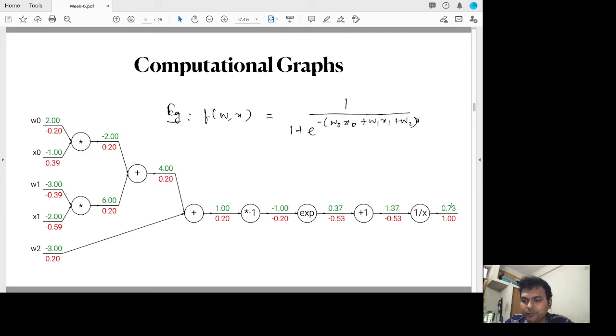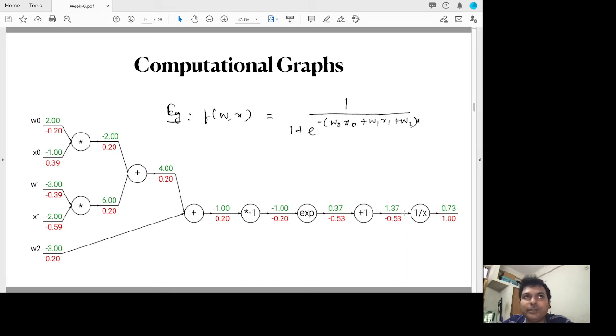F is the output of this computational graph. So if you have f here and q here, then f becomes 1 by q. So what is dou f dou q? From normal derivative rules, it will be a constant, no? F equal to 1 by q.